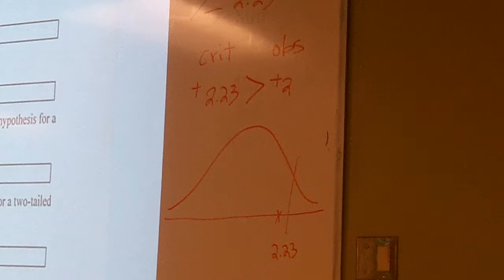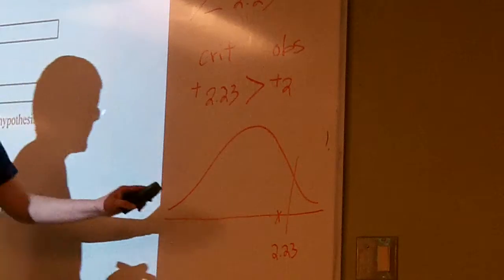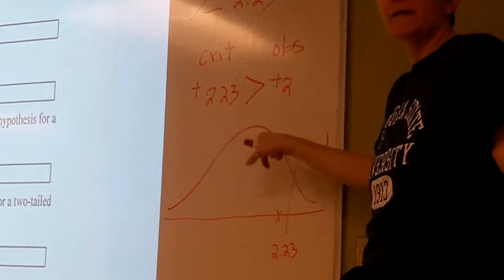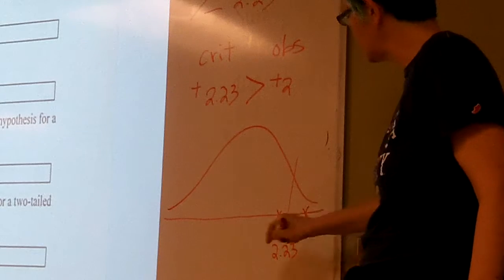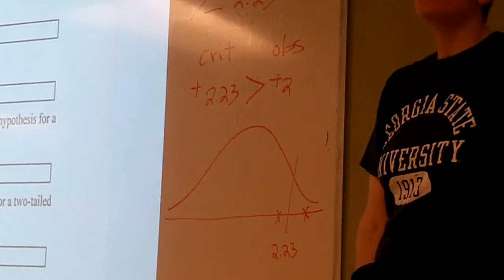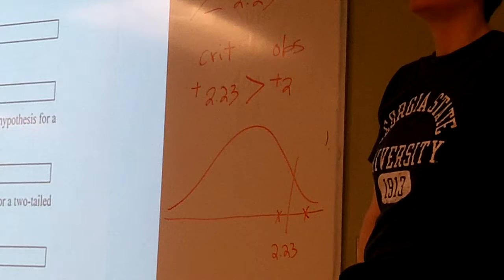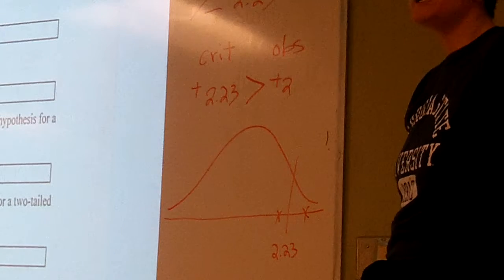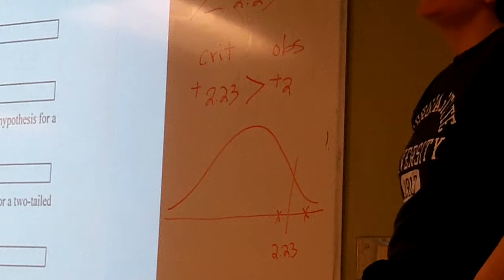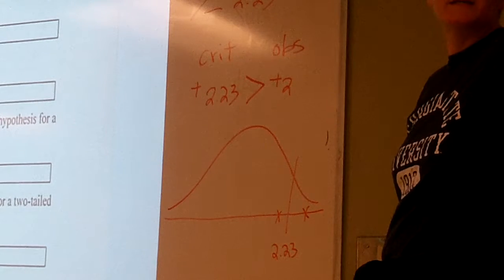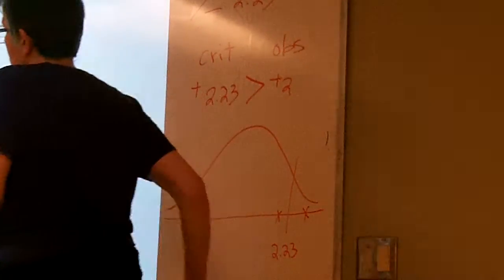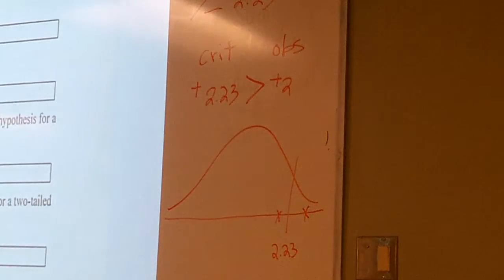Because now, instead of our observed value being here in the normal part of the curve, now it's out there. So now we've got a statistically significant difference. Just changing the mean difference changes whether or not we get a significant result. We keep everything else the same.